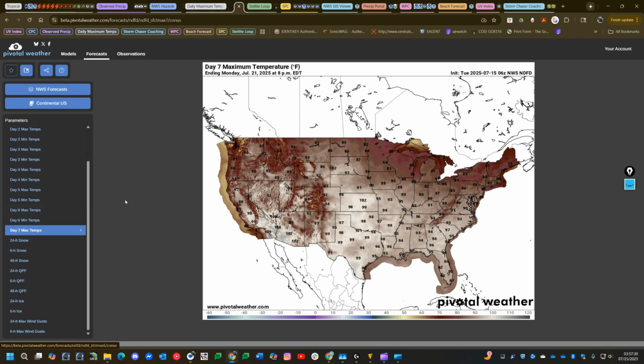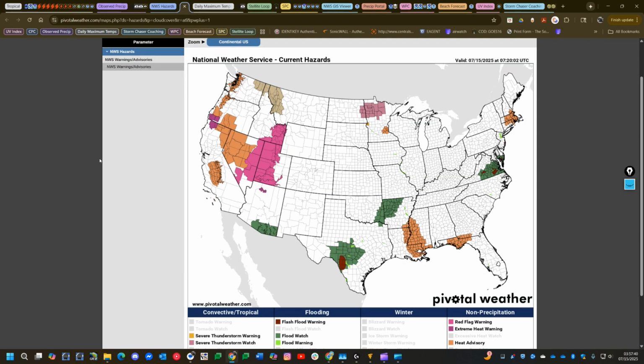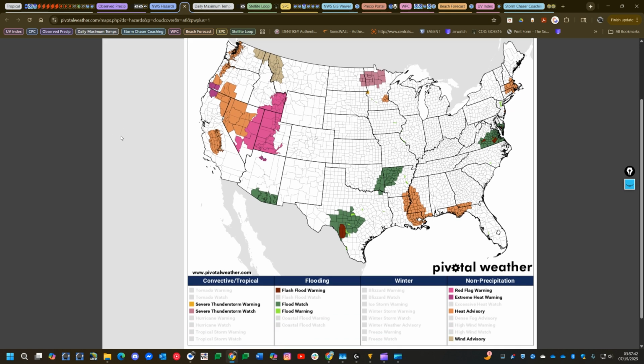So, what's your general theme? It's going to be hot. As far as current hazards go, watches and things like that. Excuse me. We have flood watches in the green areas.